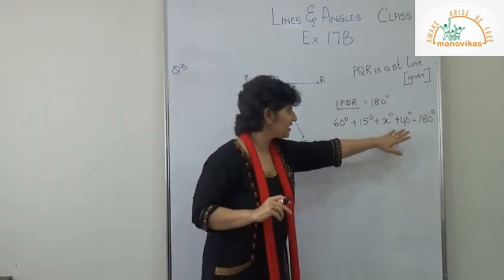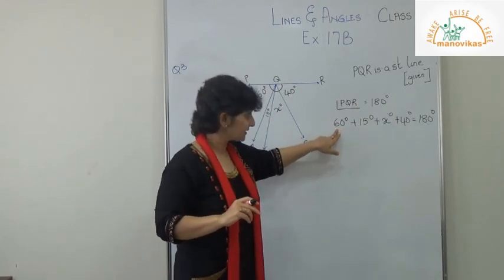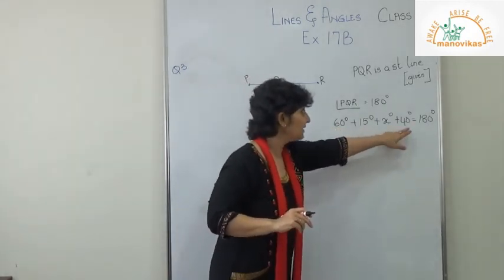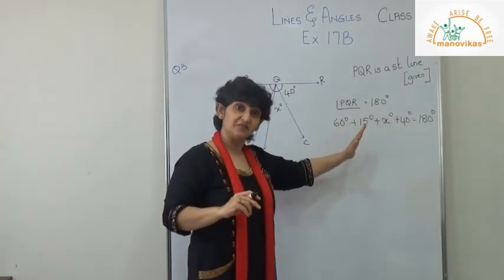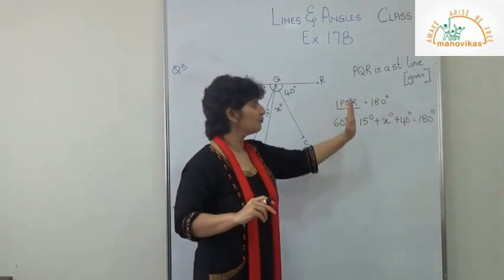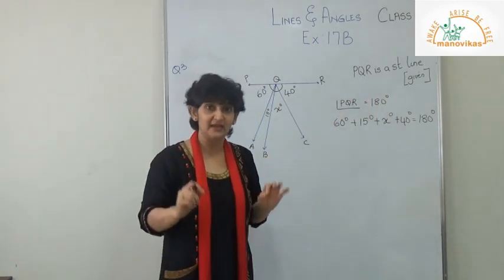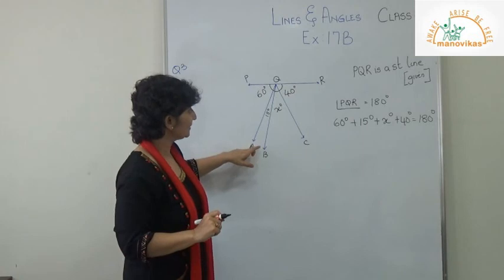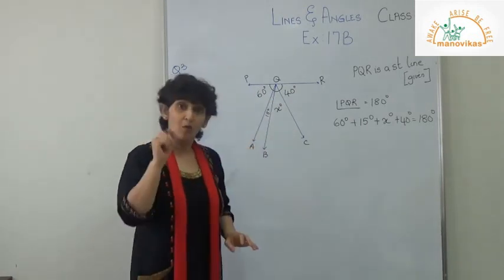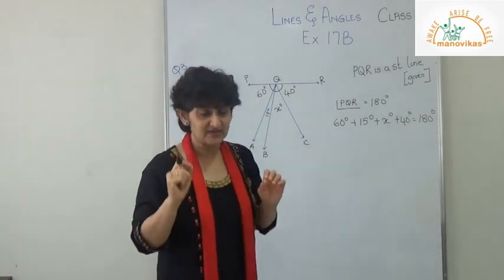So, you know you need to add all this. You need to add 60 plus 15 plus 40. 60 plus 40 gives you 100. Plus 15 will give you 115. Plus X is equal to 180. Solve it and tell me what is angle BQC, or what is X degrees.